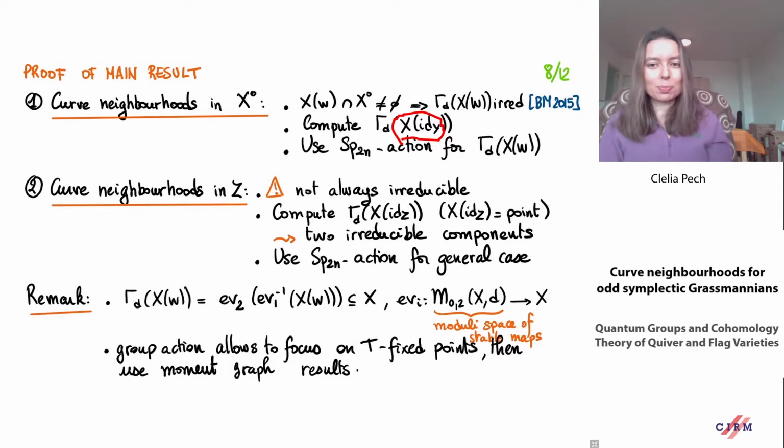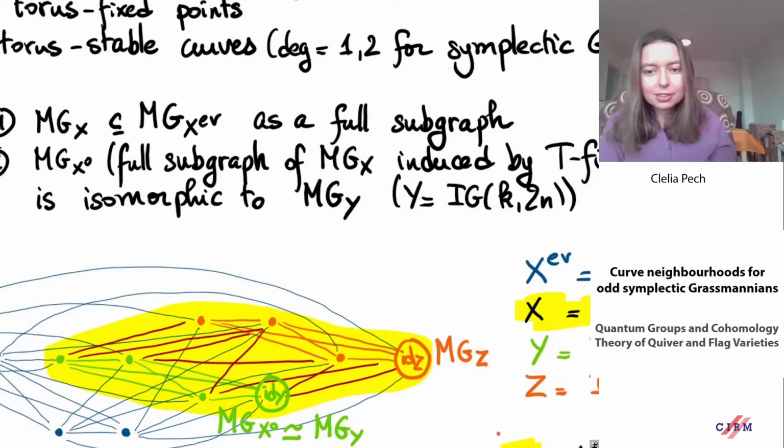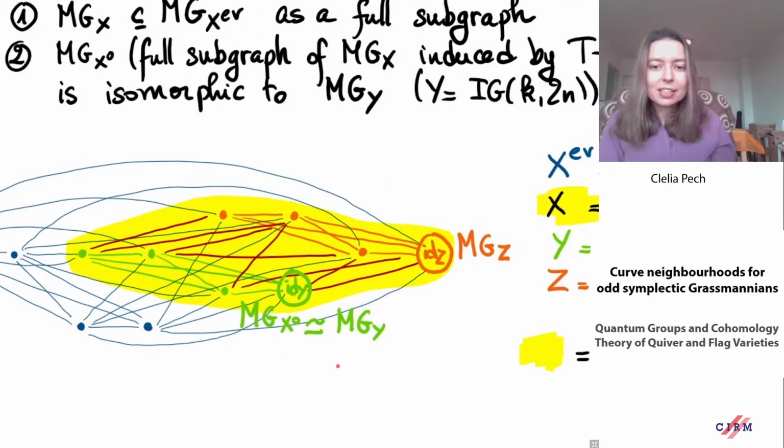So let me explain what I mean by that, going back to the previous slide. In this picture, maybe I'll zoom in a little bit in the hope that it's bigger. I have highlighted here two specific points. Here there is this point that I've called ID_Z, which corresponds to the Schubert point in the odd symplectic Grassmannian.